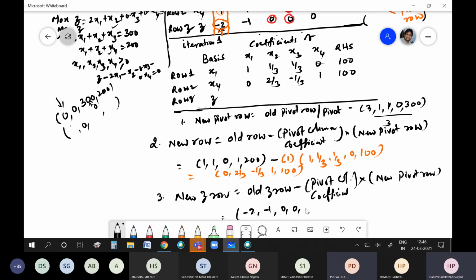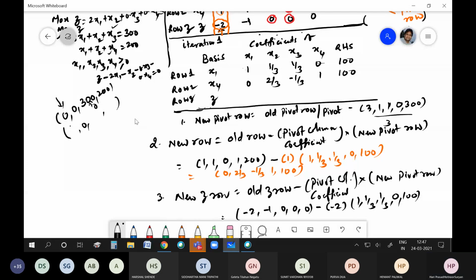Then 0. Minus what is the pivot column coefficient here for the Z row? Minus 2. Exactly. Very good. Into the new pivot row. What is that? 1, 1 by 3, 1 by 3, 0, 100. So what do we get?